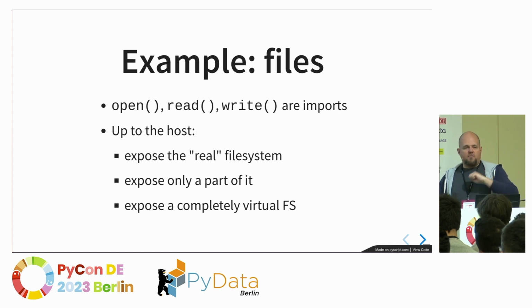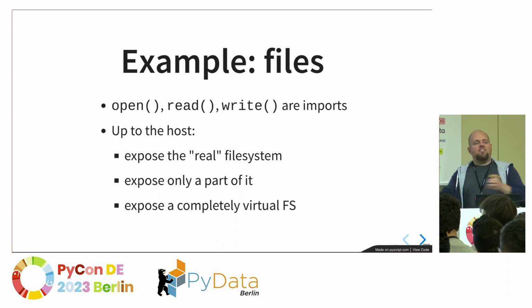And if you write to something, instead of writing to the disk, you write to some buffer in memory, and then I can later read it. And you can see why you can do sandboxing with WebAssembly. Again, it's similar to having a container, but it's much faster, much less convoluted, and has a smaller footprint.